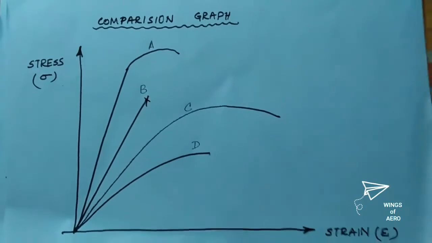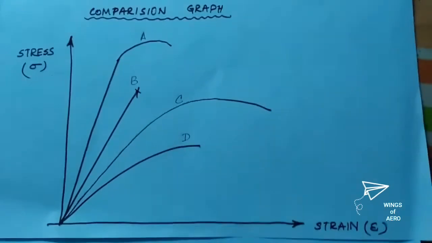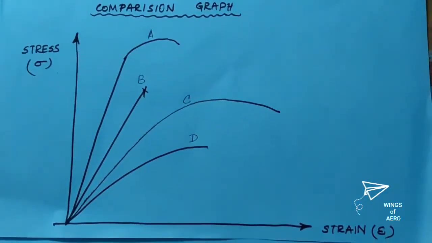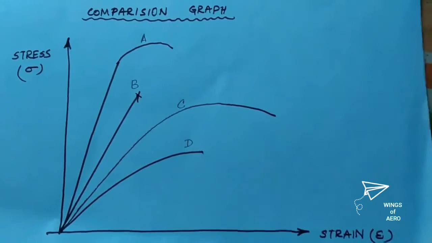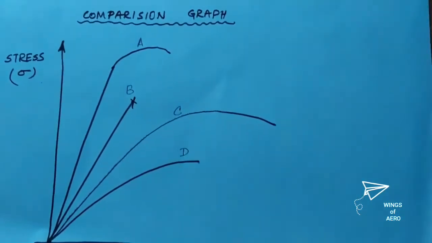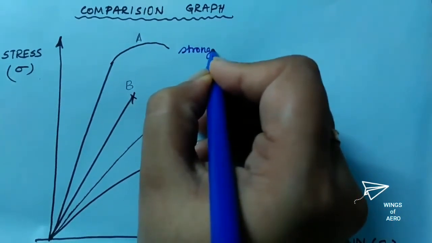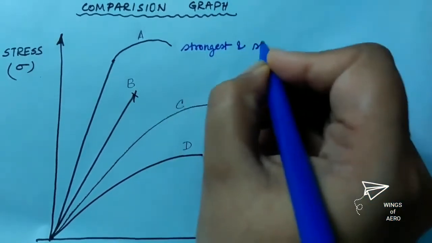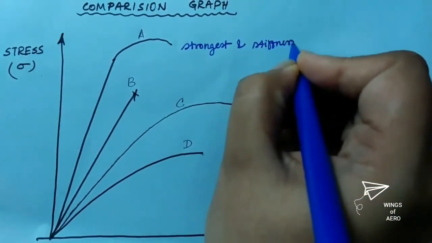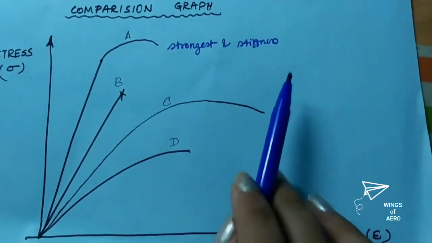Now let's see some comparison of various curves. Here we have four curves, A, B, C, D. Each curve shows its own properties or characteristics. Curve A says it is the strongest and stiffest, with maximum strength and stiffness.